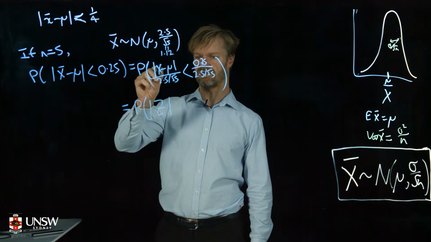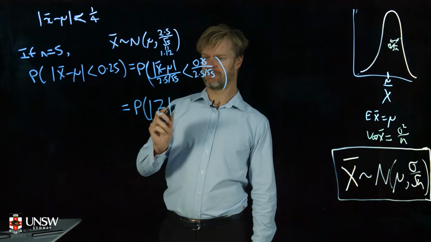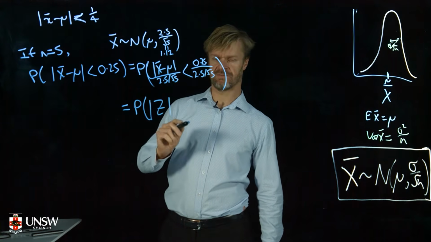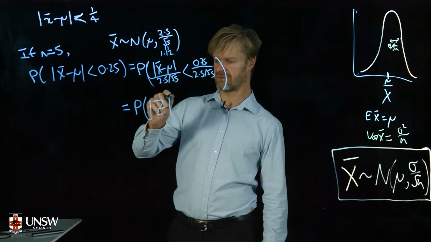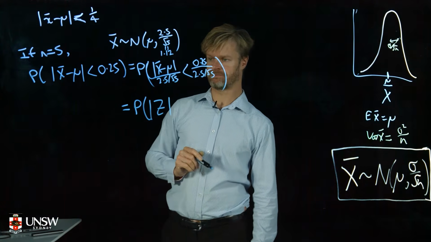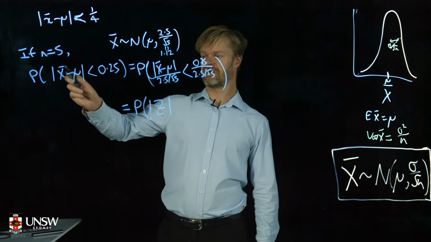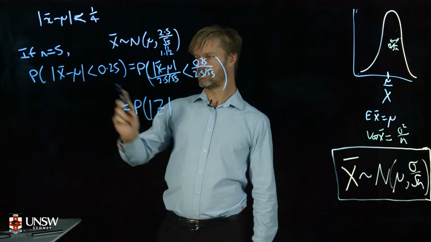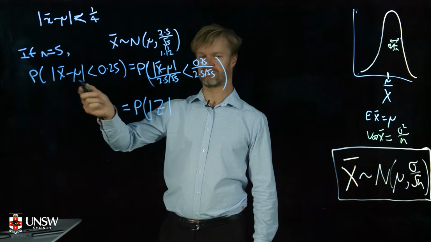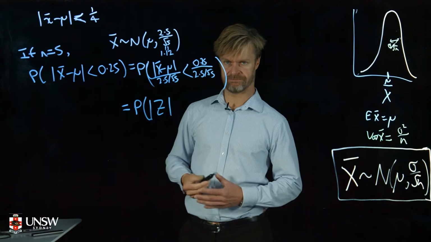So the absolute value of x bar minus mu divided by the standard error of x bar is just the absolute value of the standard normal. Because x bar had standard error 2.5 on root 5, if I divide this expression by 2.5 on root 5, its standard deviation becomes 1.